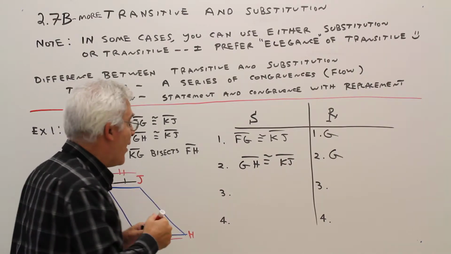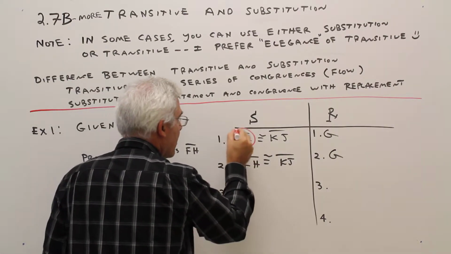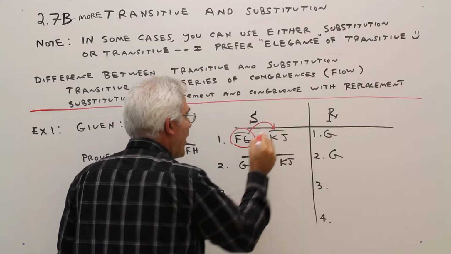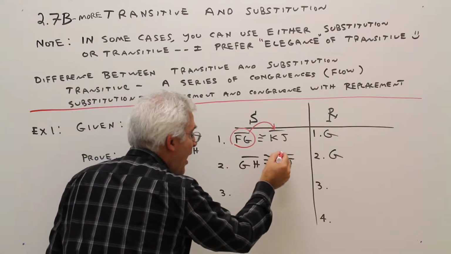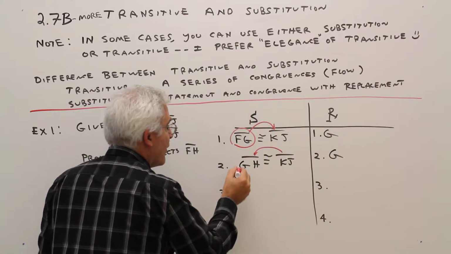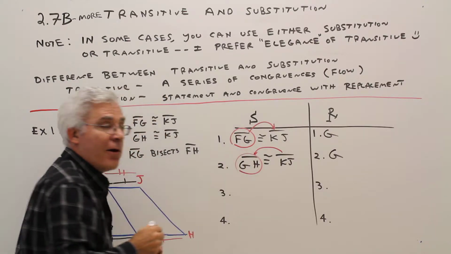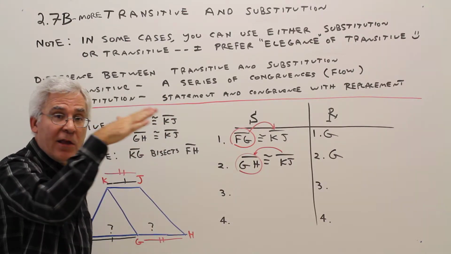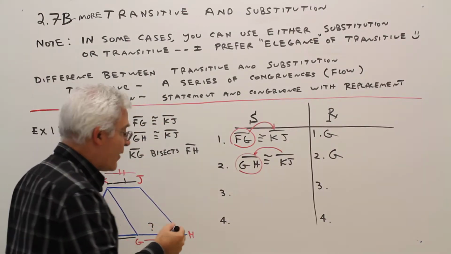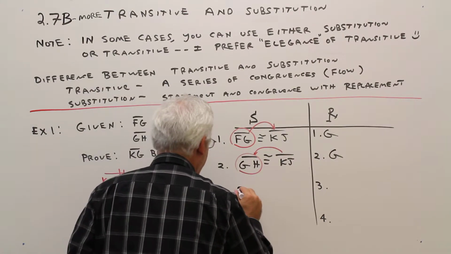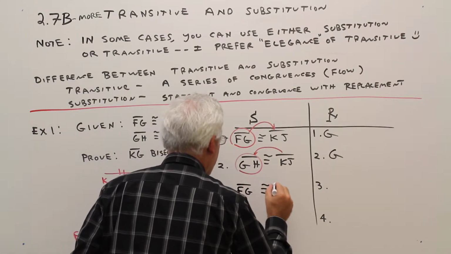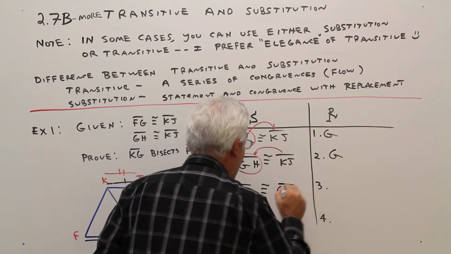So somebody all alone, FG, is going to KJ, and then KJ is congruent to GH. So I started there and I ended there. That's my congruence flow path. So I'm going to say segment FG is congruent to segment GH.